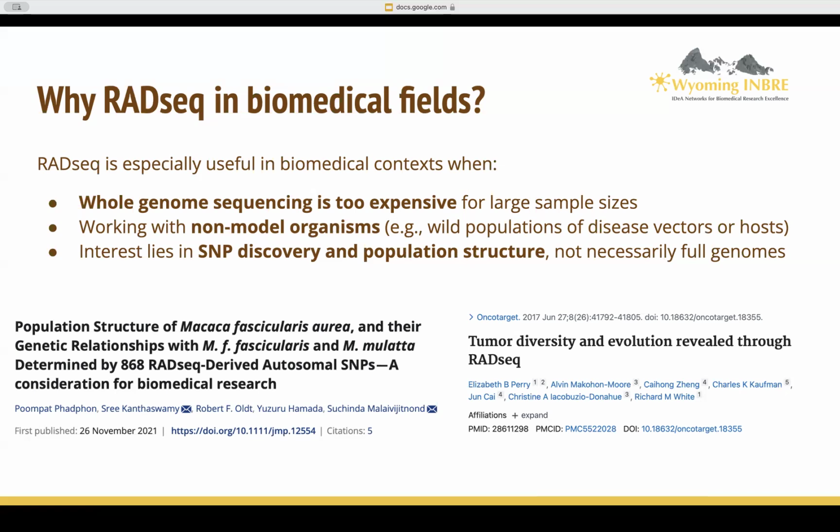For example, when whole genome sequencing is too expensive, especially for studies requiring large sample sizes, when working with non-model organisms such as wild populations of disease vectors or hosts, or when the focus is on discovering SNPs or understanding population structure rather than obtaining complete genome assemblies. These types of studies can be incredibly valuable in understanding genetic diversity, identifying potential disease-resistant genes, and informing conservation or public health strategies.